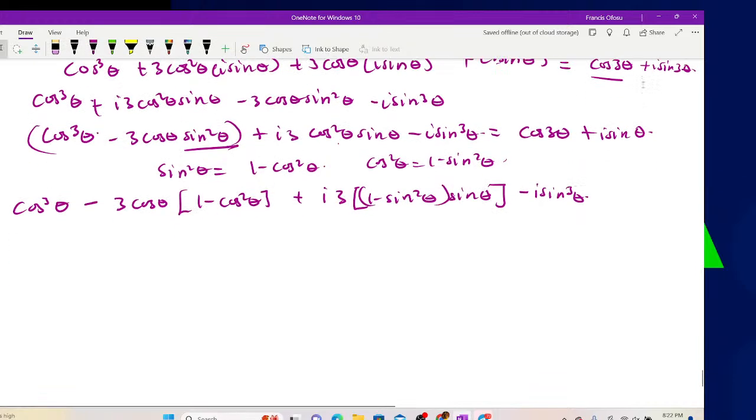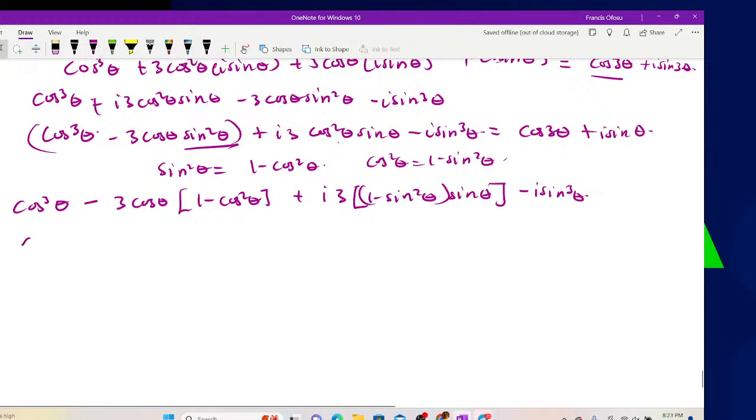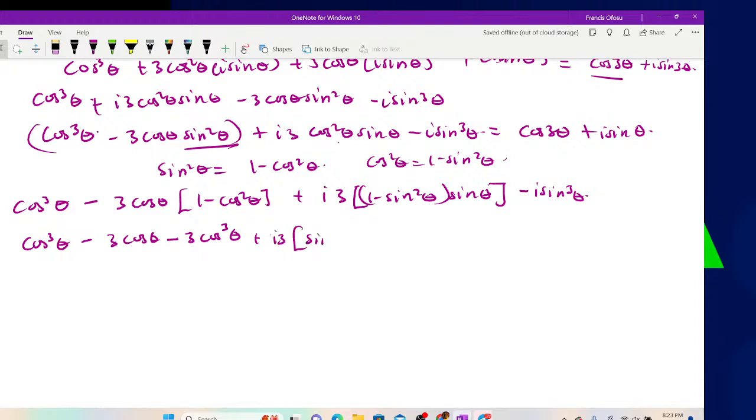So let's finish this. At this point, I have cos cubed theta minus 3 cos theta minus 3 cos cubed theta. Then at this point, 3i will be out. Then I'll have sin theta, then minus sin cubed theta, minus i sin cubed theta. So let's still simplify.